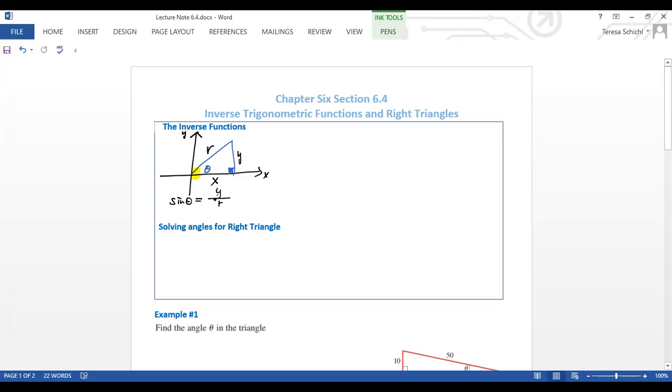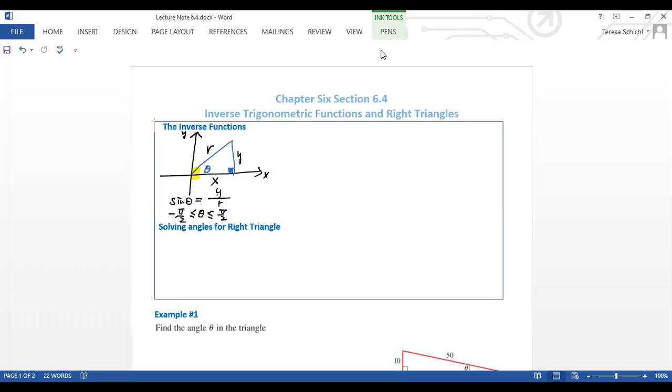Just like we did before, in order for the inverse functions to exist, we need to have restricted domains. If you remember what we did in the previous chapter, the restricted domain has to be from negative pi over 2 to pi over 2.